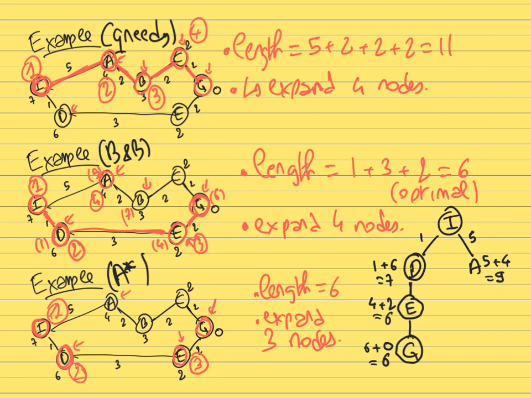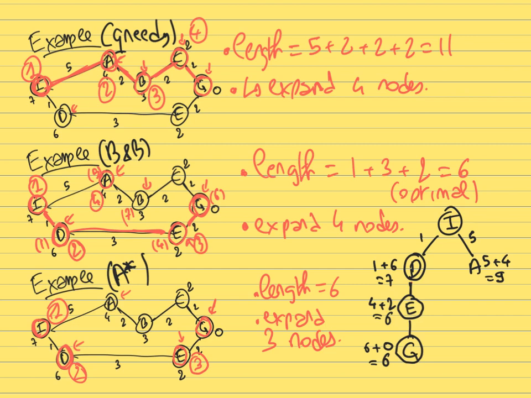So you were able in this case to find the shortest path in a more efficient way than the branch and bound algorithm. So usually the A-star algorithm will always be a preferable choice because it leverages at the same time the strength of the greedy algorithm and the strength of the branch and bound algorithm.